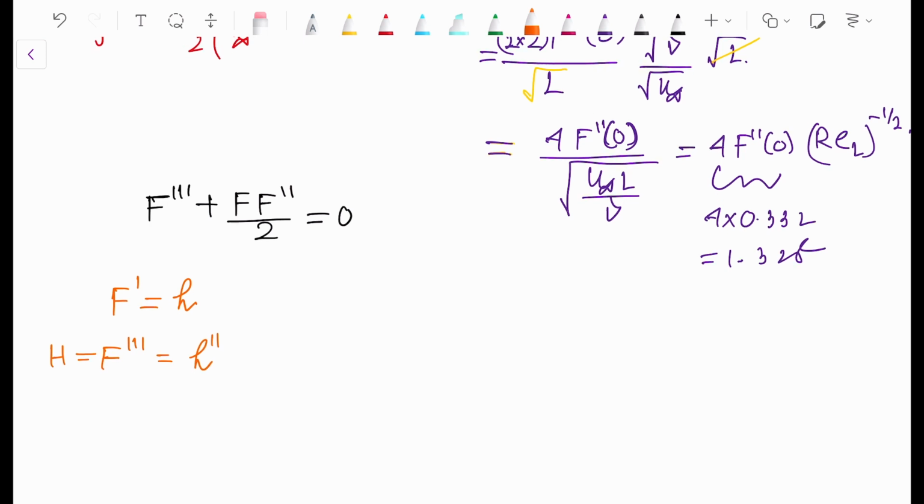So I have one equation, that is f dash equal to h.